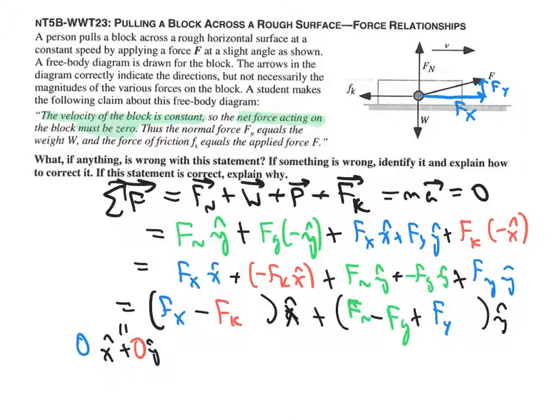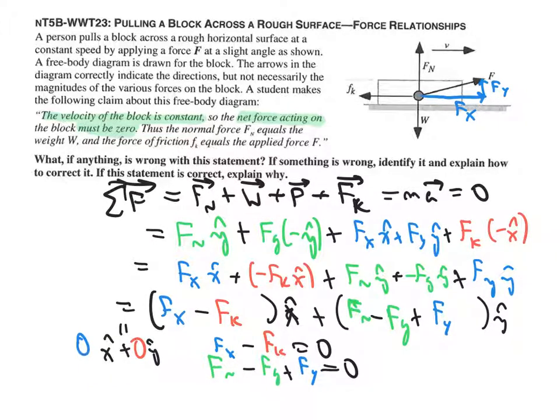So together that tells us that Fx minus Fk is 0. And separately, Fn minus Fg plus Fy is also going to be 0.